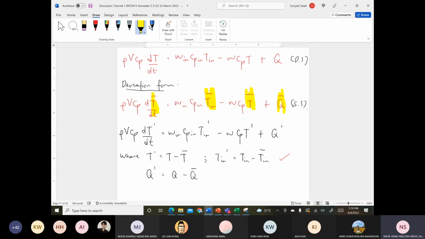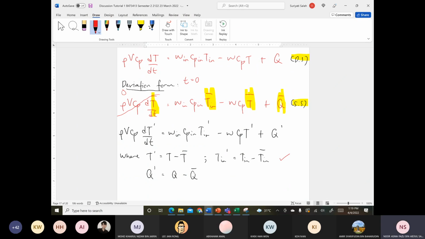The difference between the steady state and the dynamic state: in the dynamic state, the time is changing, the time is moving. But for the steady state, normally the time is not moving. Steady state represents one state, which is fixed in time. So the first part here becomes 0, because you don't have any differential, no dt.